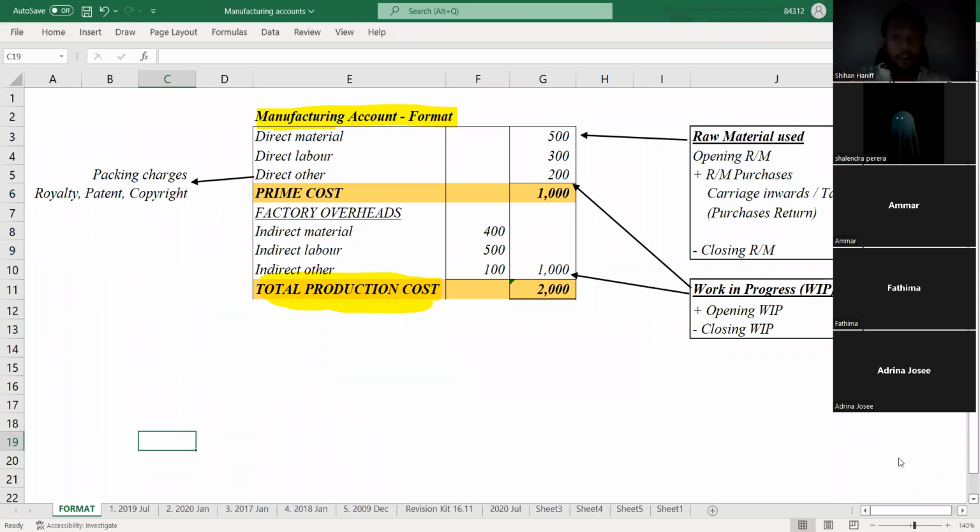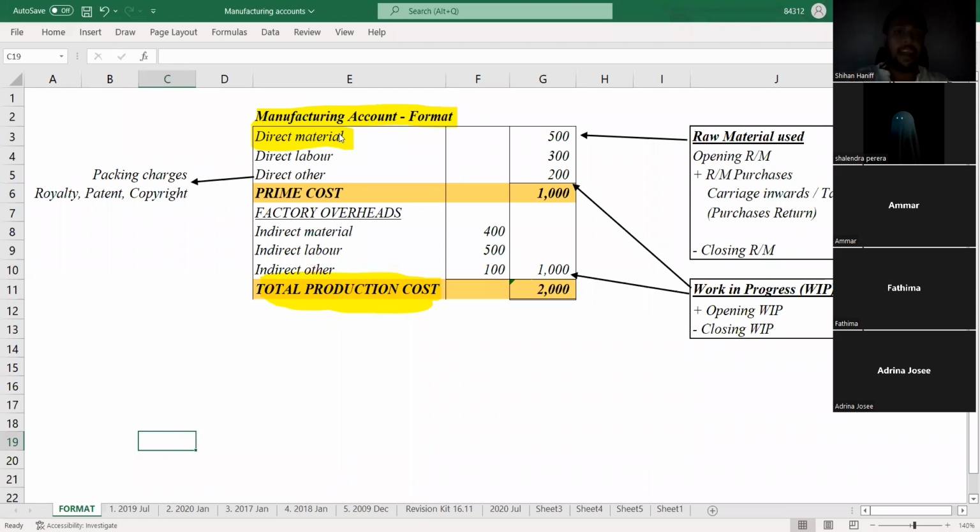Then in the format, initially we divide these costs as direct cost and indirect cost. Direct cost means the cost which is directly attributable to the final product. If you take a table, the direct material for the table will be the wood or the steel.